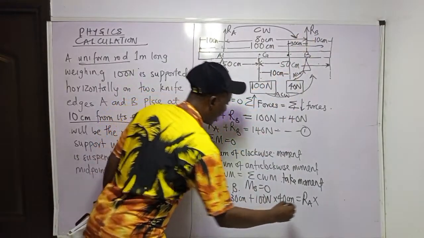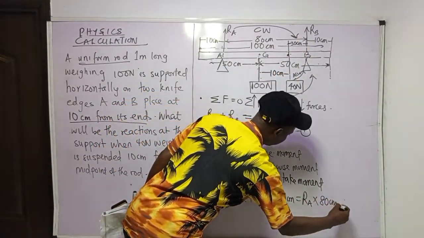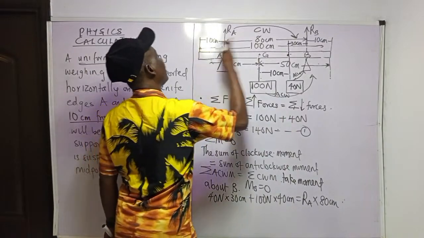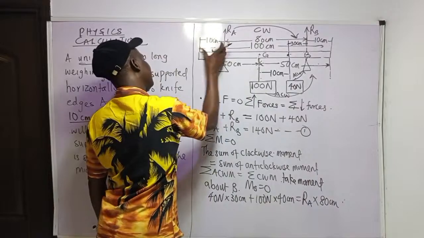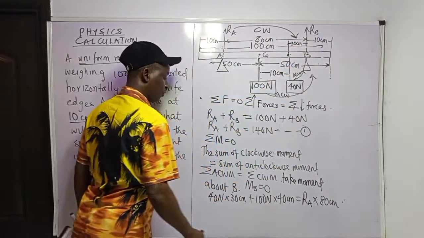So that means RA times 80 centimeters. Even if you look at it, from here to here is 100; if you remove 10 and remove 10, the remaining one will be 80.